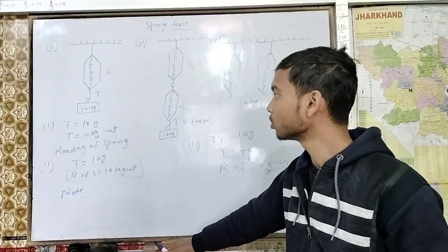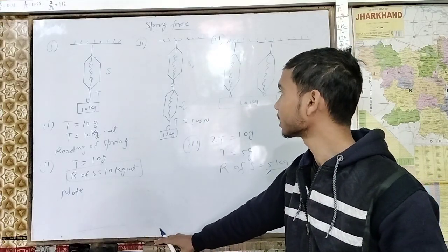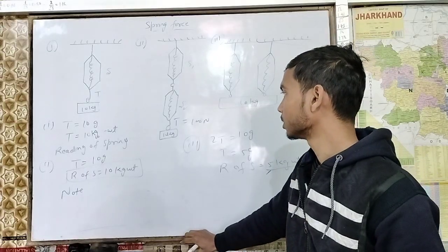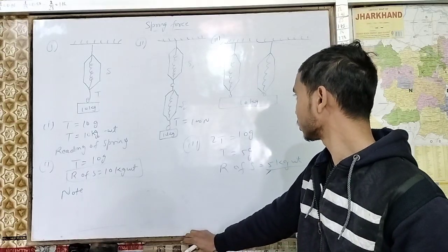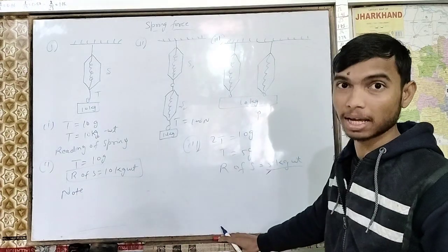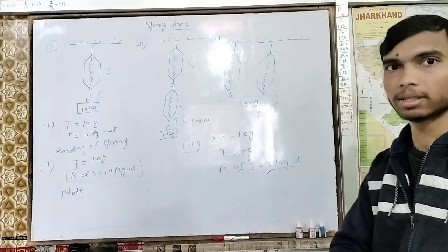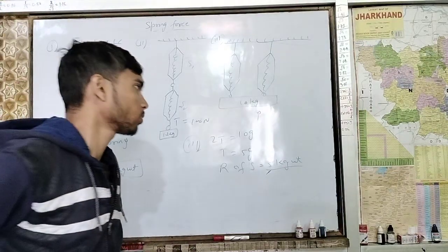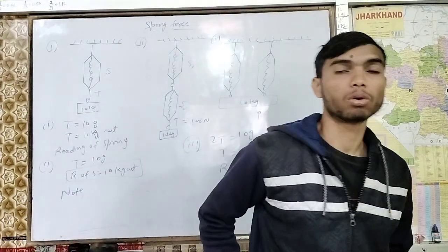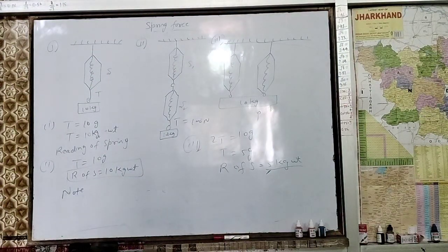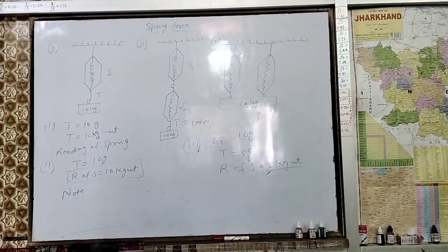But when it comes to series, then 10 kg will be for both first and second. Just understand, when parallel comes, you just divide the total load by the total number of spring balances. That's it. Your answer will come out.